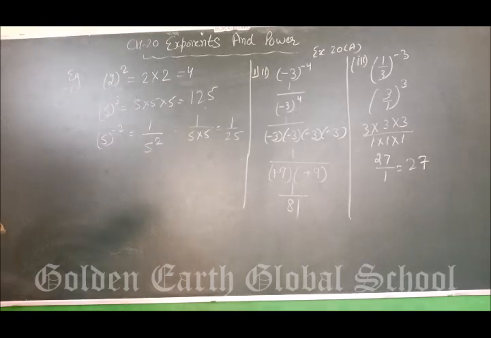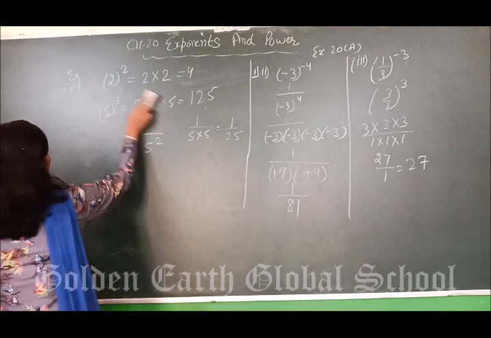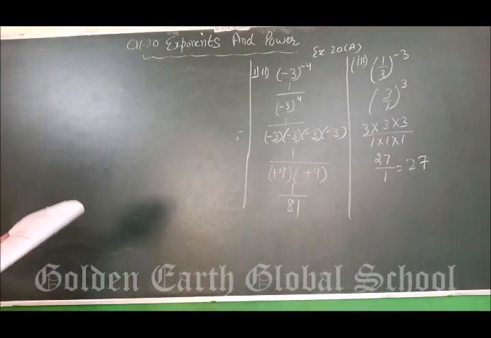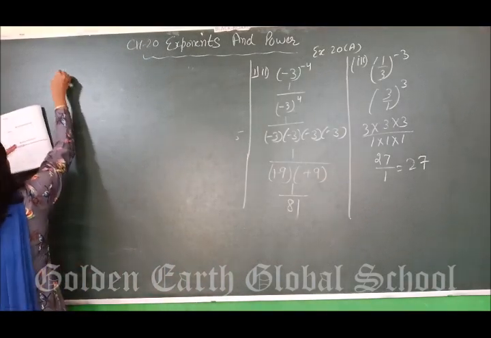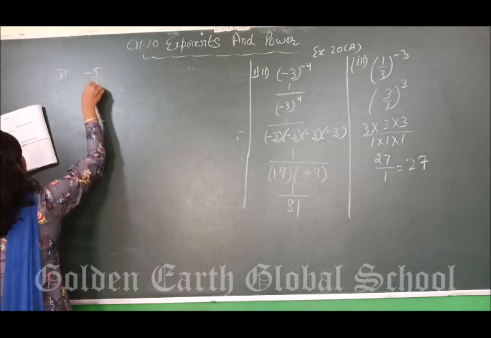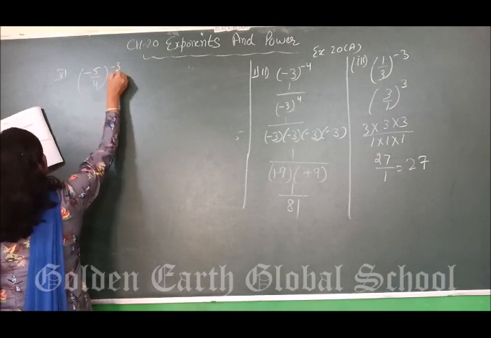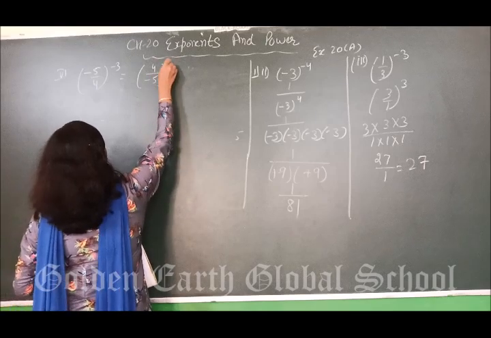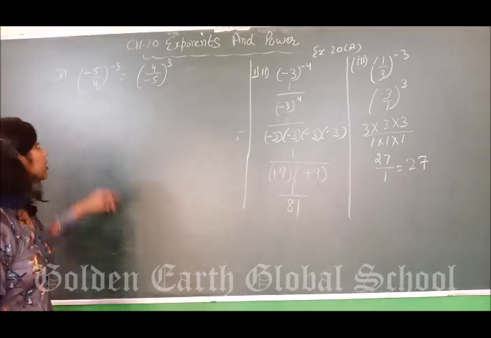Sixth part: minus 5 by 4 raised to power minus 3. Here again you have to take the reciprocal first. It means to say 4 upon minus 5 raised to power 3.